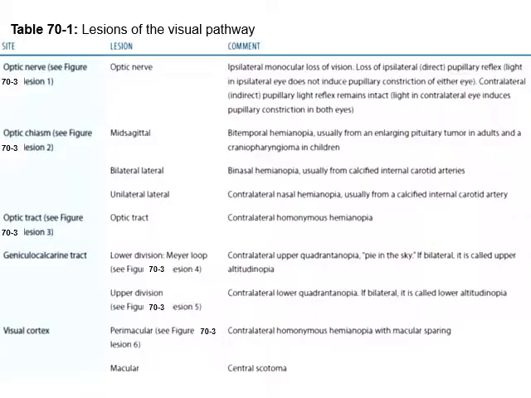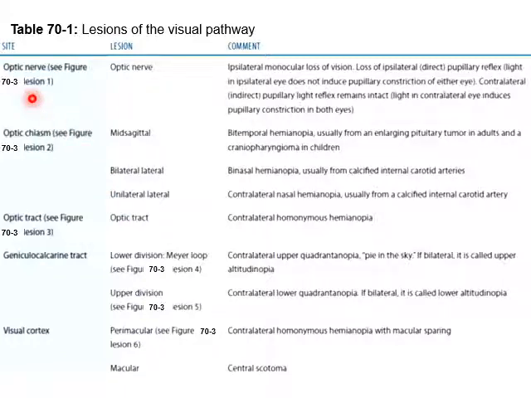Let's see what happens. This slide shows you the lesions in the previous picture, the location and site of each lesion, and the clinical manifestation, what you see in the patient.